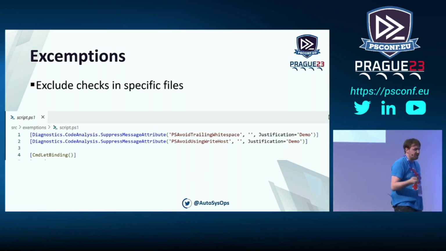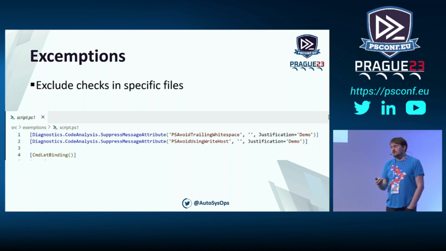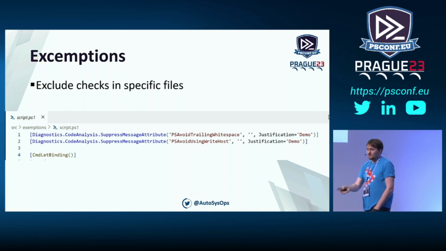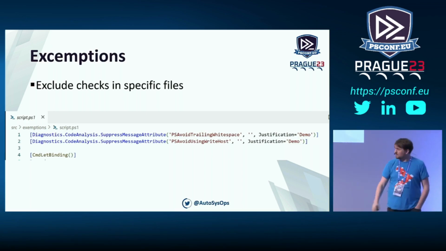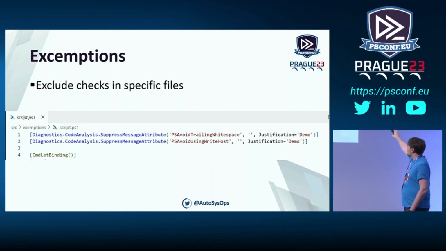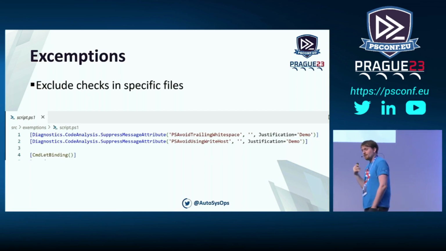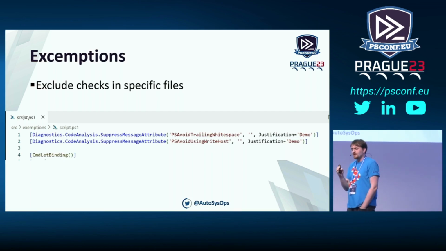Maybe for some reason you want to use Write-Host. You could build your test in a way where you just exempt every test of Write-Host. But sometimes you only want to exempt it for this specific file. In this case, we can use this line of code, the diagnostics CodeAnalysis SuppressMessage attribute, and we can use this to suppress a specific error.